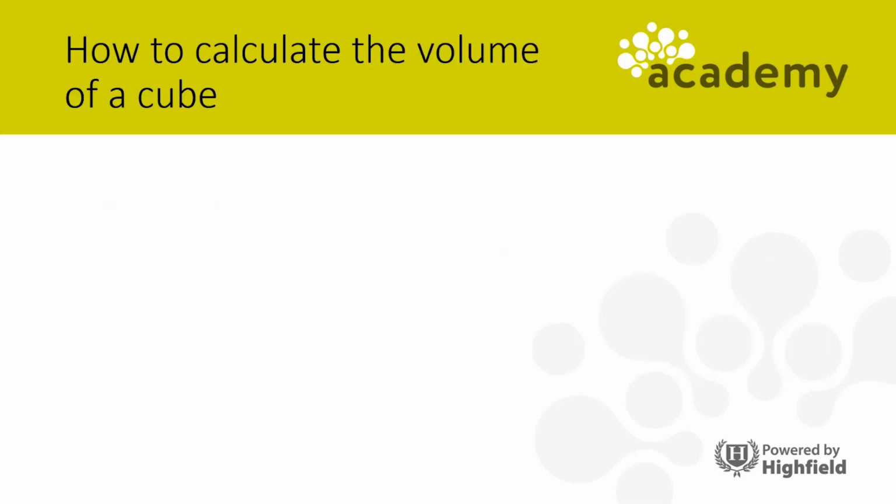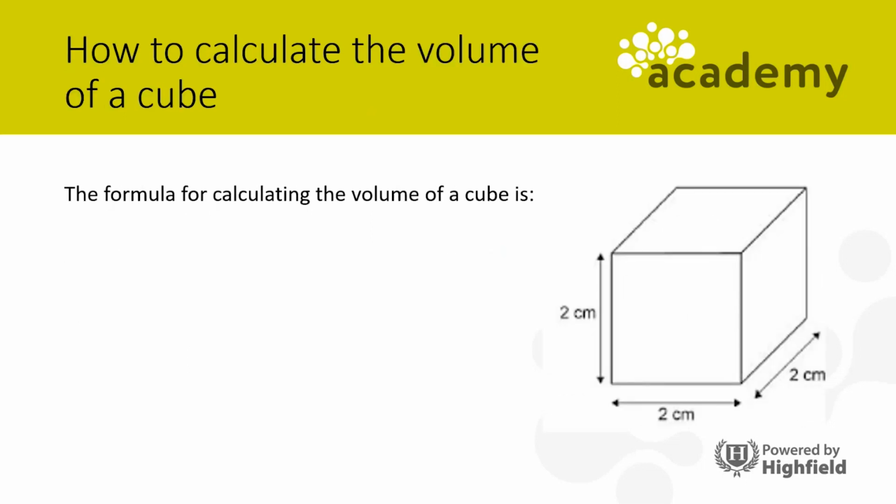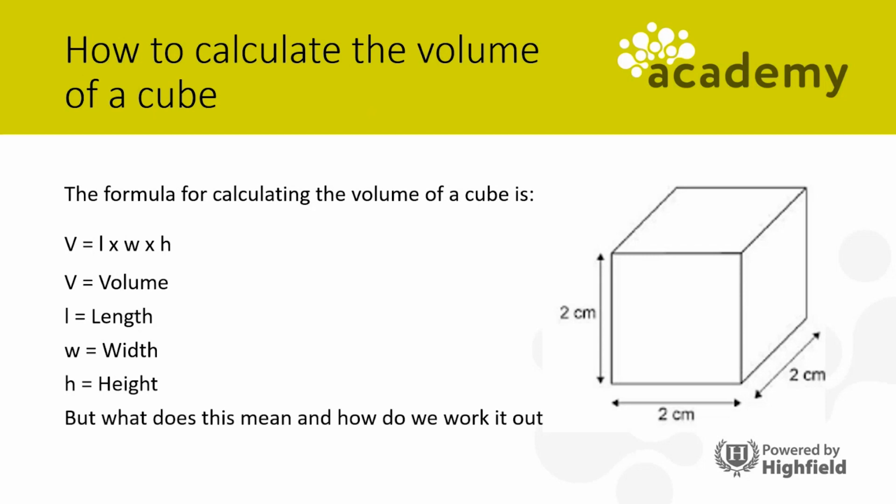How do we calculate the volume of a cube? Well, the formula for calculating the volume of a cube is V equals L times W times H. The V equals volume, the L equals length, the W equals width, and the H equals height. But what does this mean, and how do we work it out?